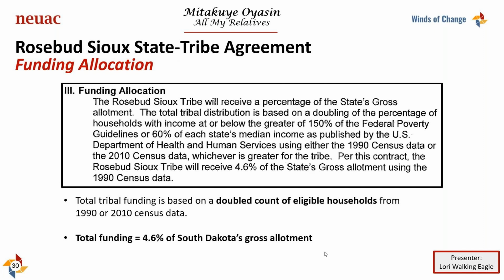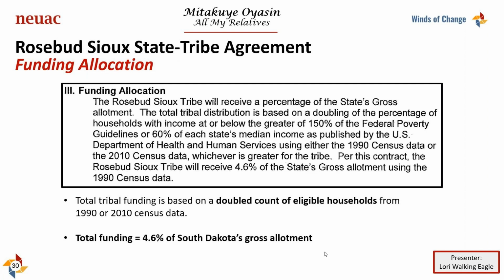The funding, we receive a percentage of the state's gross allotment. It is based upon the doubling of the households on the reservation. And back in 2014, they had determined there was 2,600, and they doubled that to 4.6, which would have been, they give us 4.7 of the state's allocation.